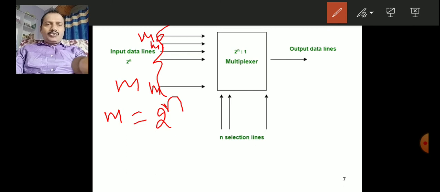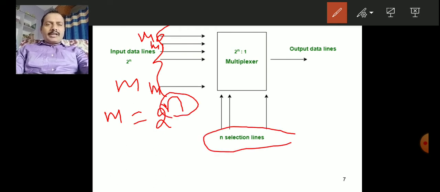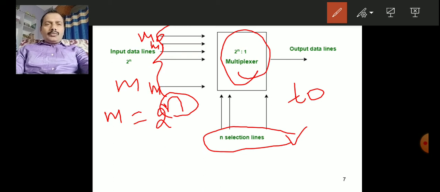That means 2 power n inputs are there to the multiplexer, where this exponent n is the number of selection lines. And the multiplexer can be called a 2 power n to 1 multiplexer. So this is the output data line, only a single output we have.